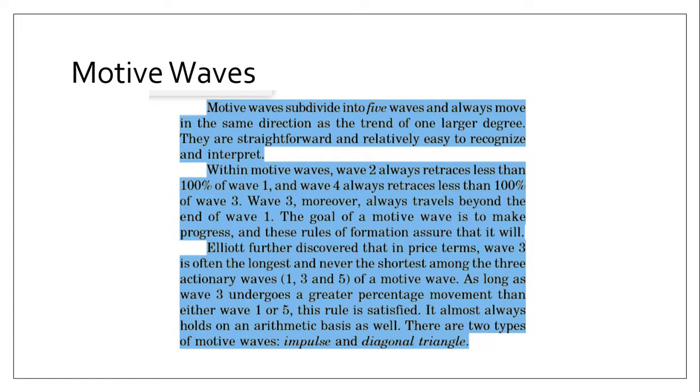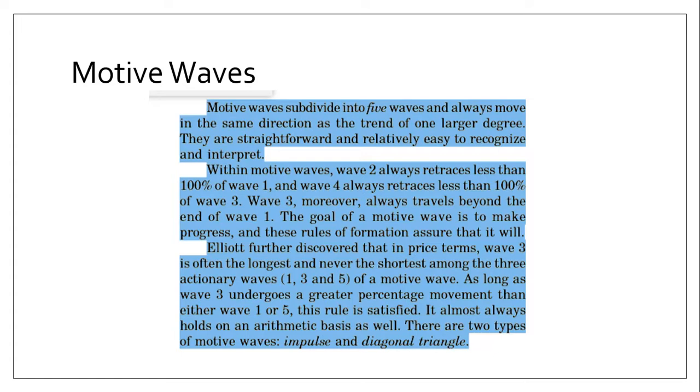Within motive waves, wave 2 always retraces less than 100%, so it can't go beyond 100%. It can't go beyond the start of wave 1. And wave 4 always retraces less than 100% of wave 3. This is the same as what I was talking about, wave 4 not going beyond the price territory of wave 1.